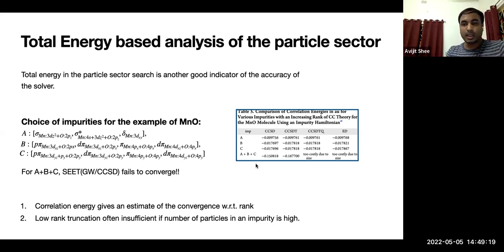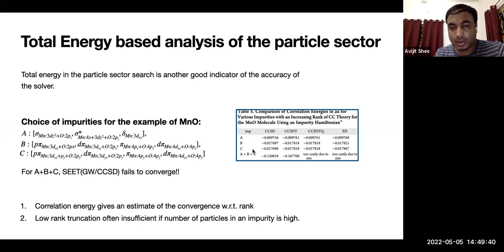But here, we have studied how accurate CCSD is just by analyzing the correlation energy with respect to the truncation of the coupled cluster hierarchy.